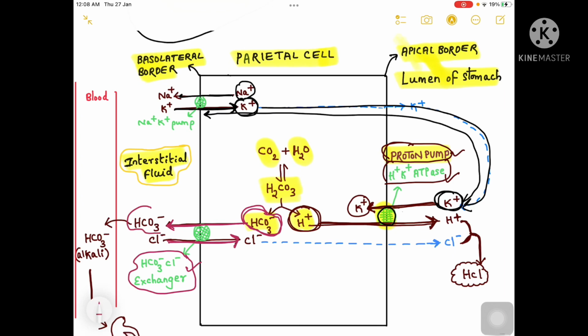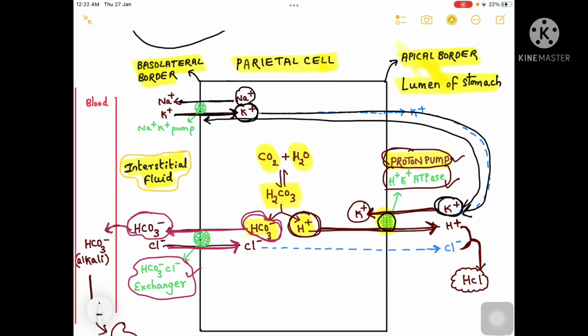From the interstitial fluid, this bicarb ion then moves into the blood. The chloride ion, which entered the cell with the help of this exchanger, will eventually move toward the outside of the parietal cell.